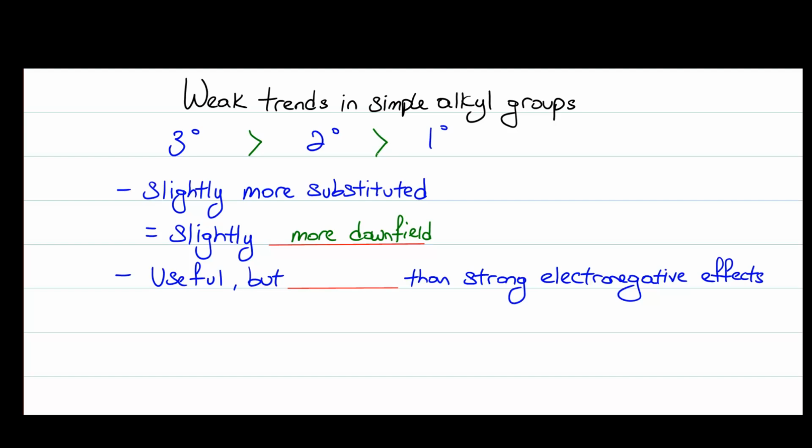But this is not the main idea to rely on. Useful, but weaker than the strong electronegative effects. Strong deshielding caused by an electronegative atom is usually much more important in beginner proton NMR questions.